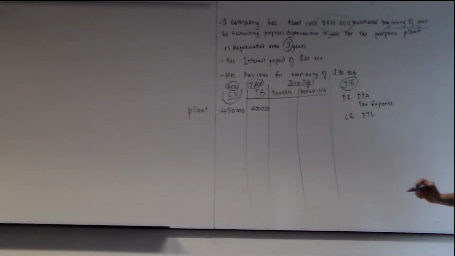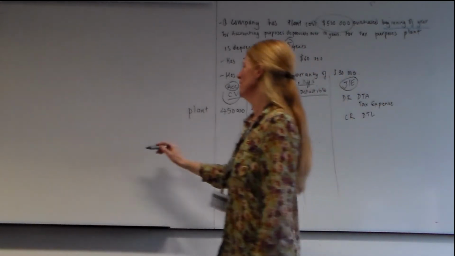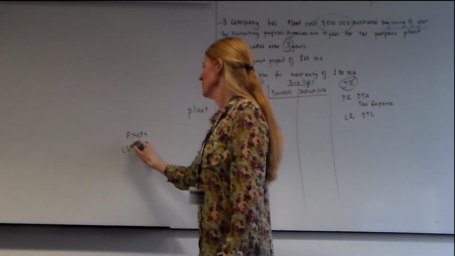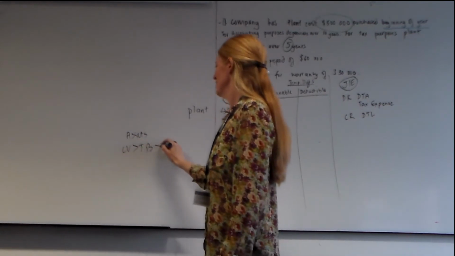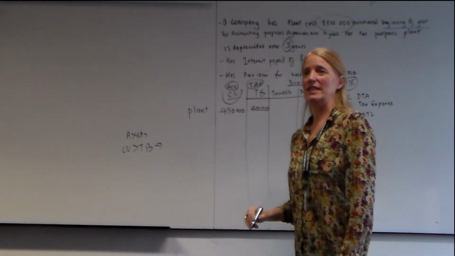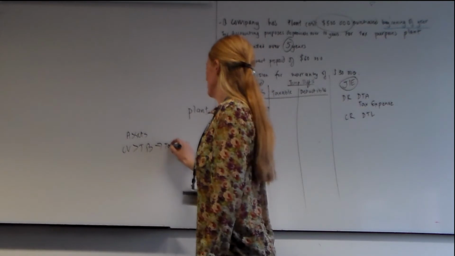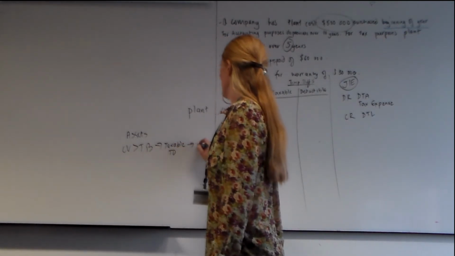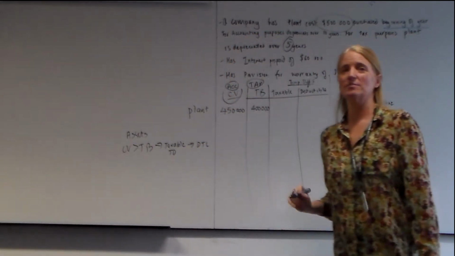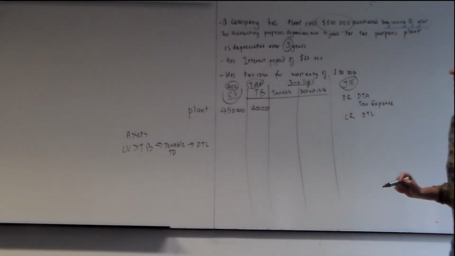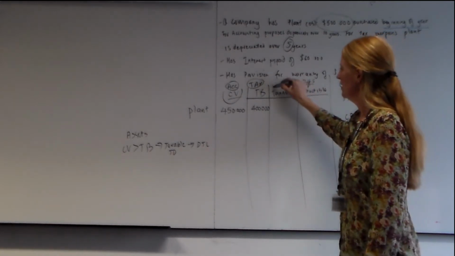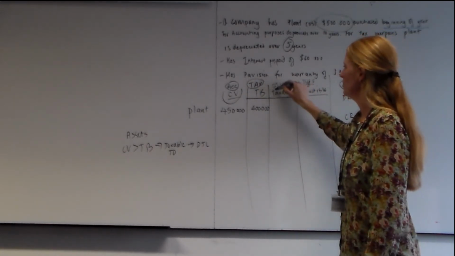500 minus 100. We've said that for assets, if the carrying value is greater than the tax base, it leads to a taxable temporary difference, which results in a deferred tax liability. So taxable temporary differences lead to a deferred tax liability.